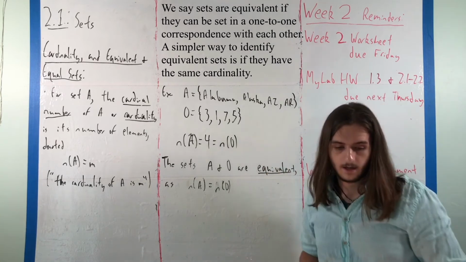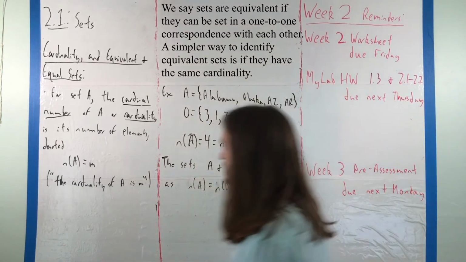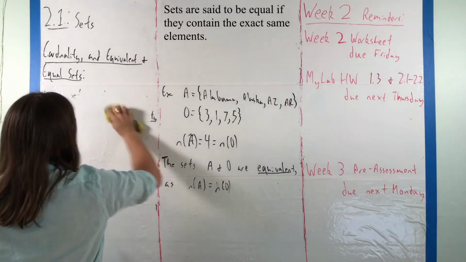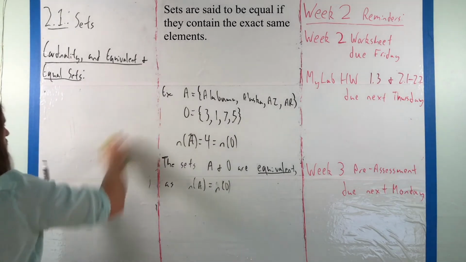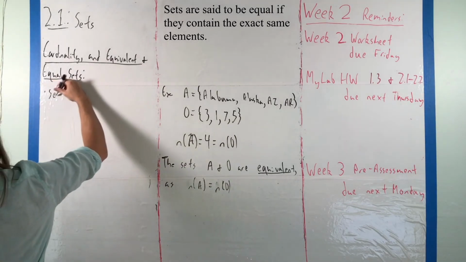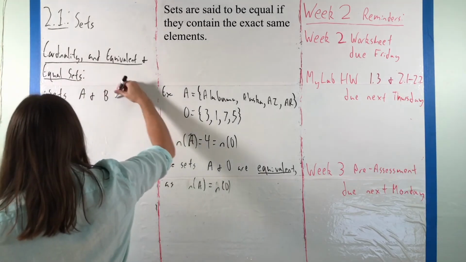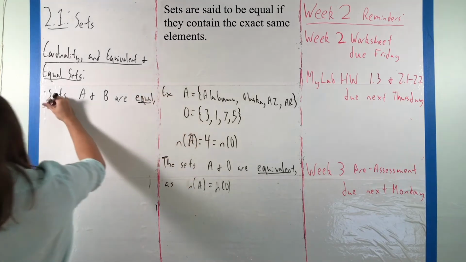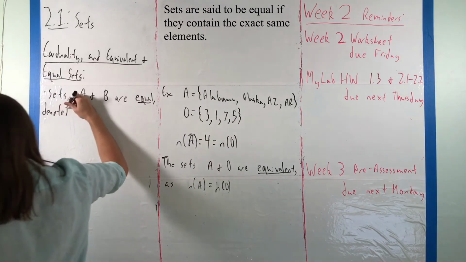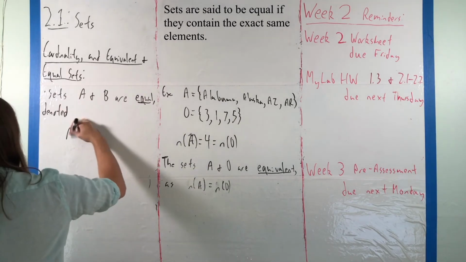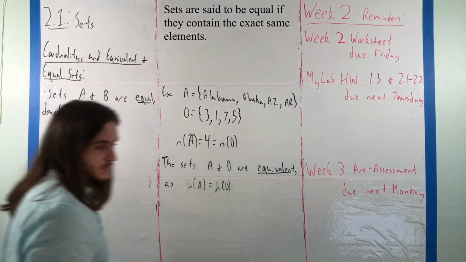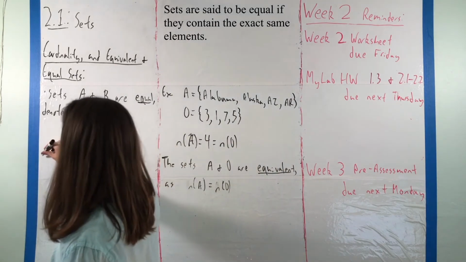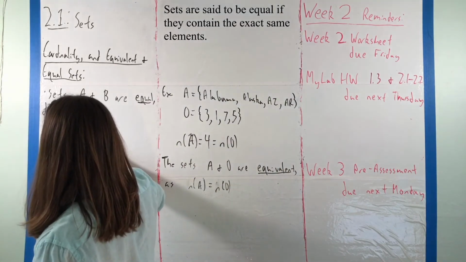And from there, we get our next definition, which is the idea of an equal set, where we say that our sets A and B are equal, noted in exactly the way you'd expect, A equals B, if they have the same elements.